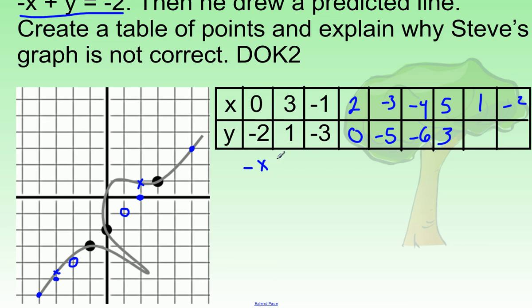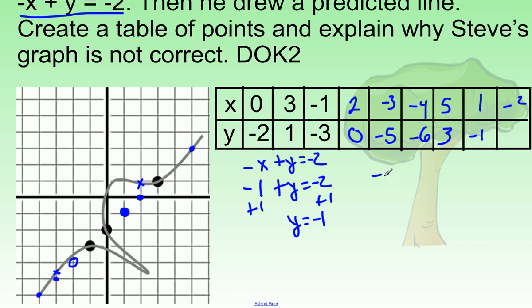Negative x plus y equals negative 2, plugging in 1, negative 1 plus y equals negative 2, add 1 to both sides, we're solving the equation. So y equals negative 1. X of 1, y of negative 1. My prediction was correct. Second point, I'm predicting that if I plug in a negative 2, I'm going to get a y value of negative 4.